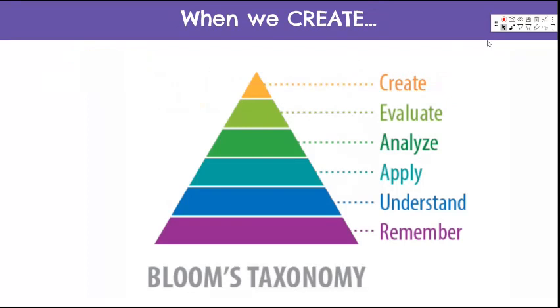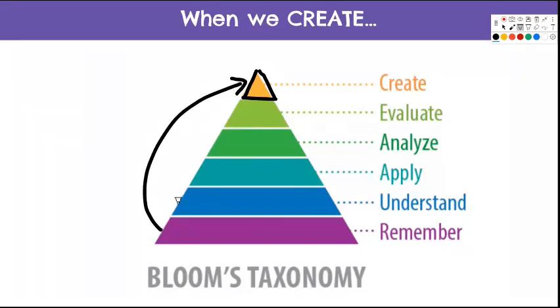Right, so the key and the magic thing that happens is when we create. In order to be right at the top of the pyramid, you first require the basic levels to get there. If you don't understand the content and you don't remember what you have just read, you won't be able to create anything.